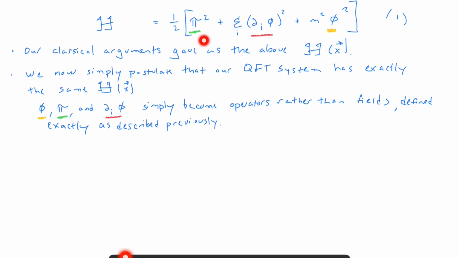When we translate this from classical field theory to our new postulate for quantum field theory, these numbers, pi, phi, and the derivative of phi, just become operators rather than fields. And these are the operators exactly as we described them in the earlier lectures. They have a very well-defined action on the huge Hilbert space, or the QFT Hilbert space, without any ambiguity.